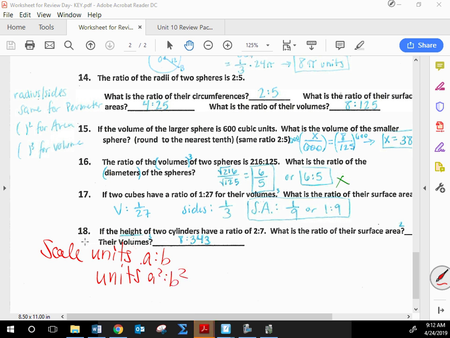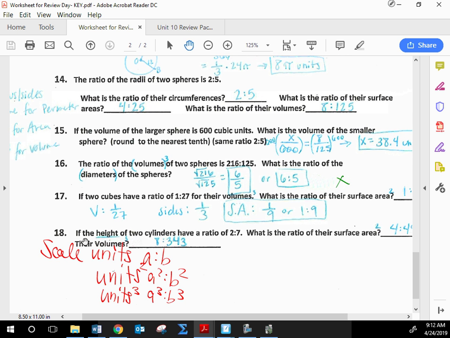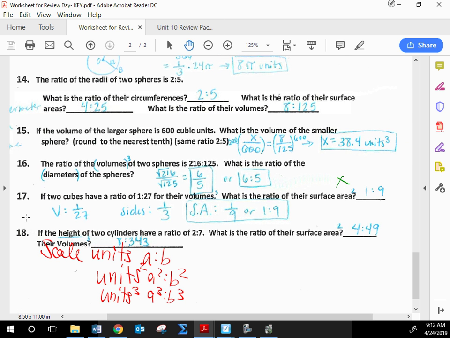And anything that is units cubed is A cubed to B cubed. So I'm checking your answers here. Number 14, circumference is measured in units, just like radius is measured in units, so it's the exact same ratio. Now surface area is measured in units squared, so you have to square it. And volume is measured in units cubed, so you have to cube it.